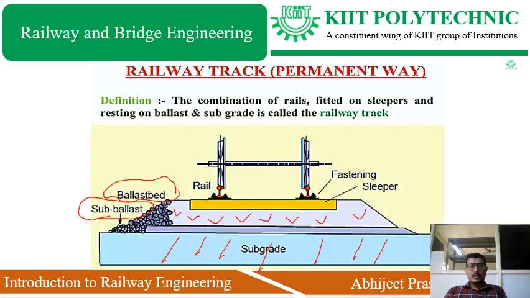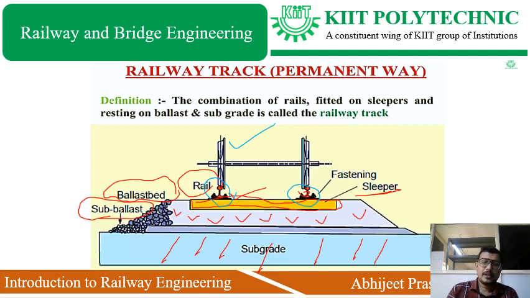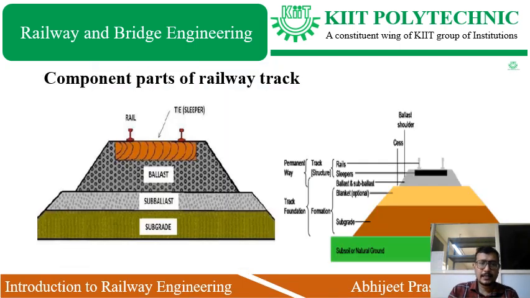After the ballast bed, we are fastening the sleepers. On the sleepers, the rails are there. Here is one rail, and here is another rail. These are the rails on which the wheel is rolling. The combination of rails fitted on sleepers and resting on ballast and subgrade is called a permanent way or railway track.